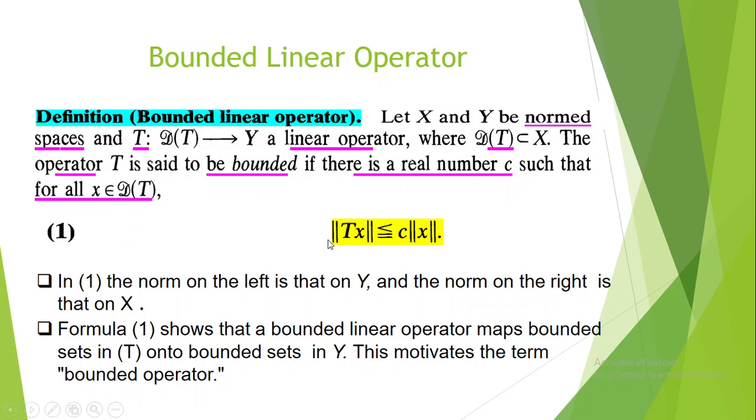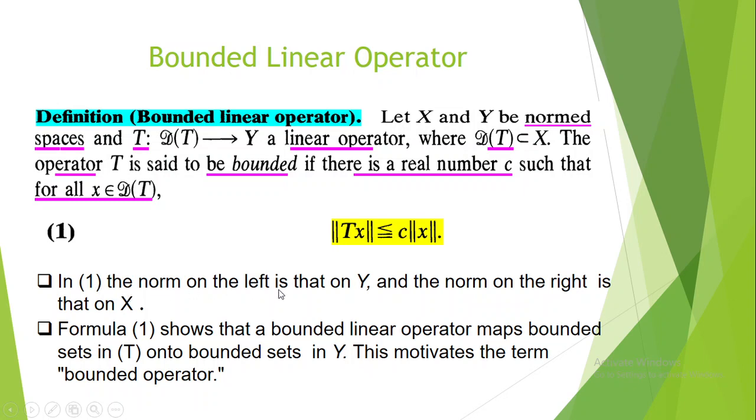When all points satisfy this condition, we say the linear operator is a bounded linear operator. So for boundedness it must satisfy this condition. We name this equation equation number 1.